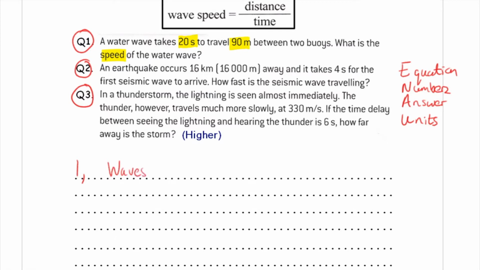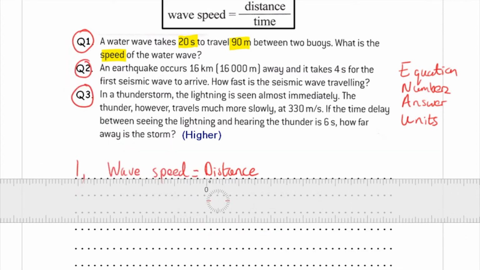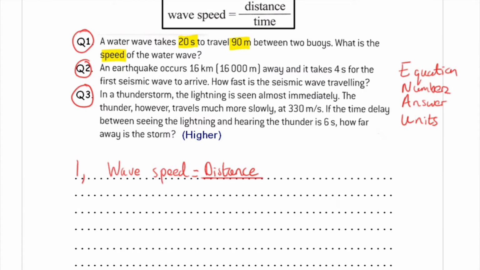Wave speed. The first thing I'm going to do is write down the equation. That gives you your first mark by choosing the correct equation. In the exam, you'd have to choose the right equation from the inside of the exam paper.